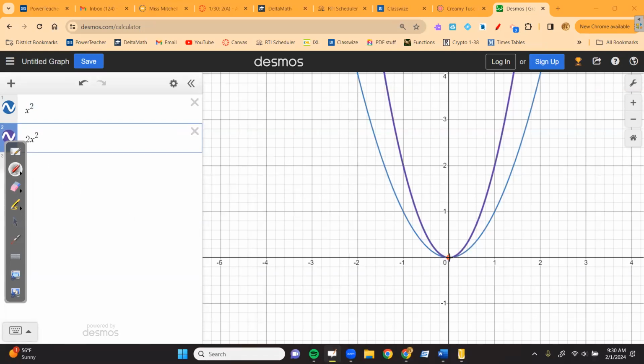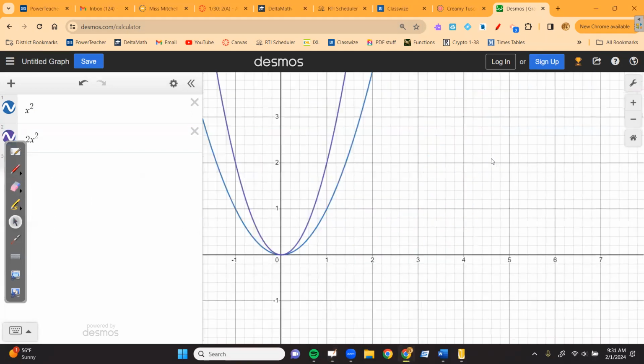So I'm going to focus on the dark graph. When I go out 1, how far up do I have to go to get to the dark graph? Up 2. And you'll notice, if you're paying attention, that it used to be up 1, but now it's up 2. Interesting.